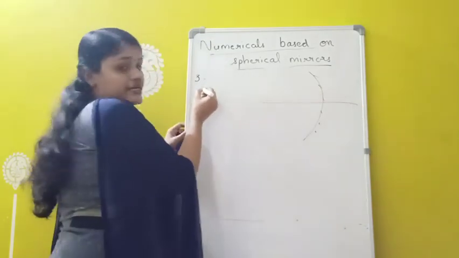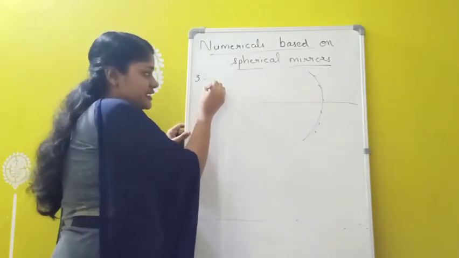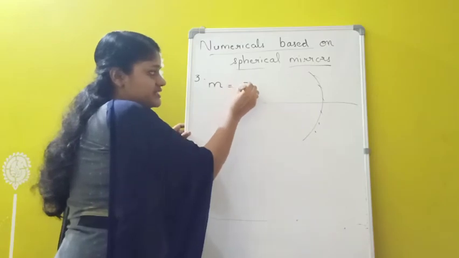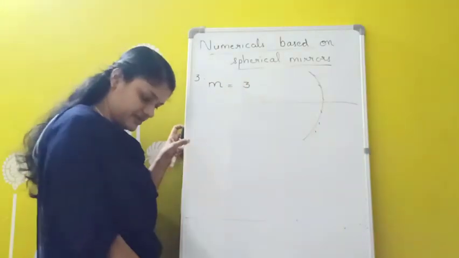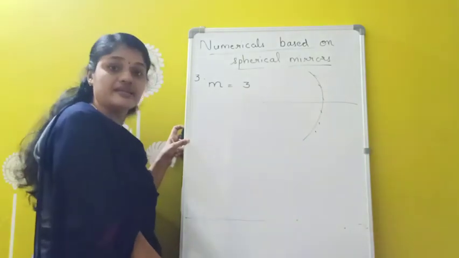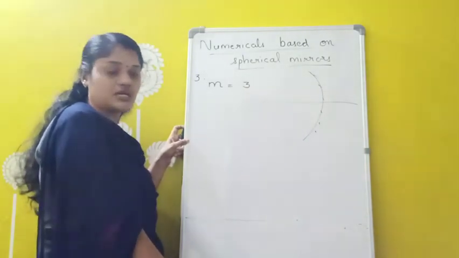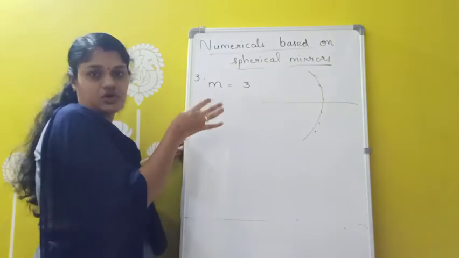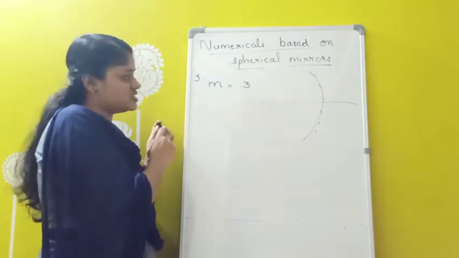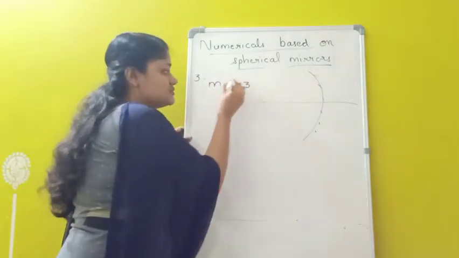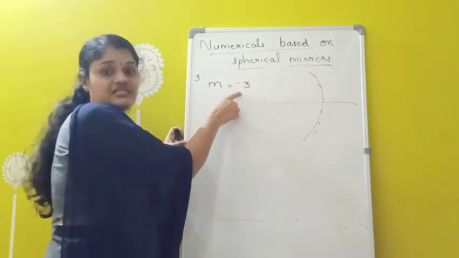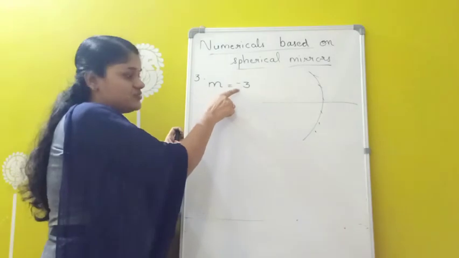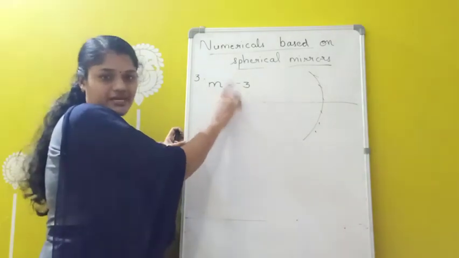That means the magnification is given as 3. 3 times magnified image means the magnification is 3. It is given as a 3 times magnified real image. So whenever a real image comes, the magnification is minus. I already told you during the sign convention. So M is minus, because it is a magnified real image. Suppose they give a magnified virtual image, then you can write plus 3. So this is a magnified real image, so I am writing M equal to minus 3.